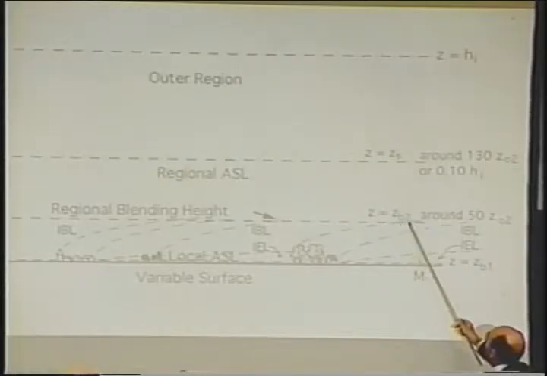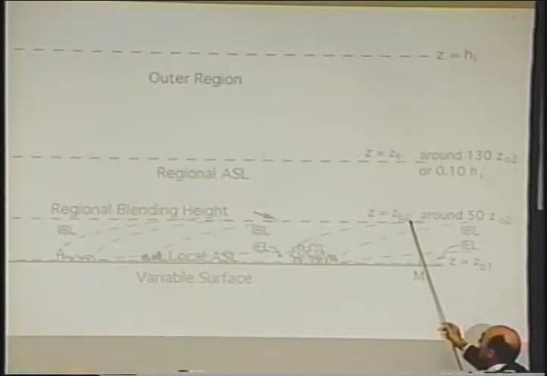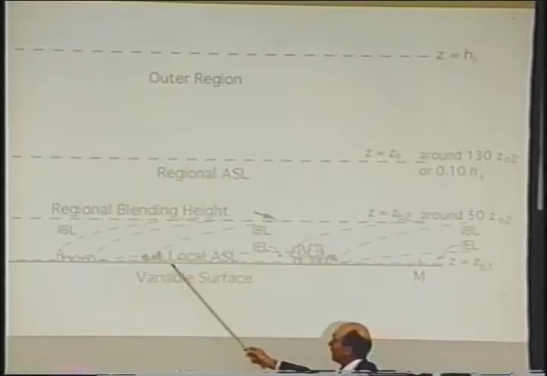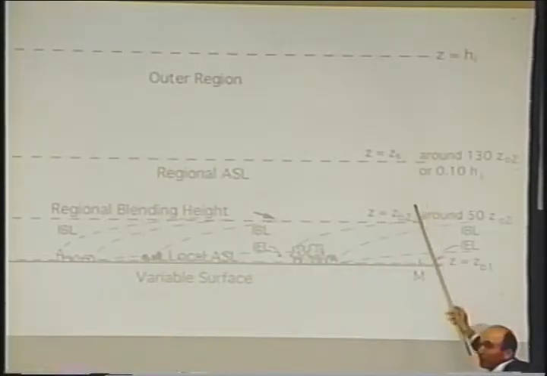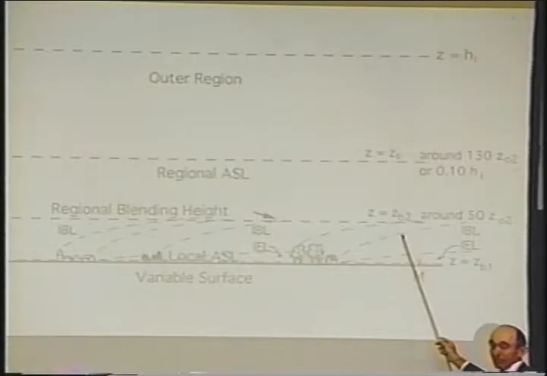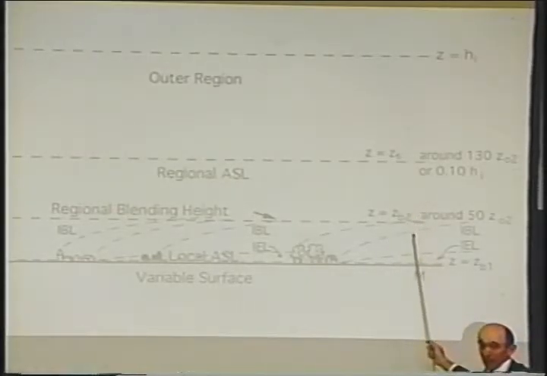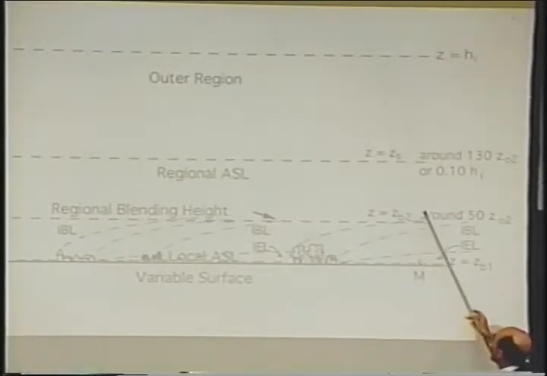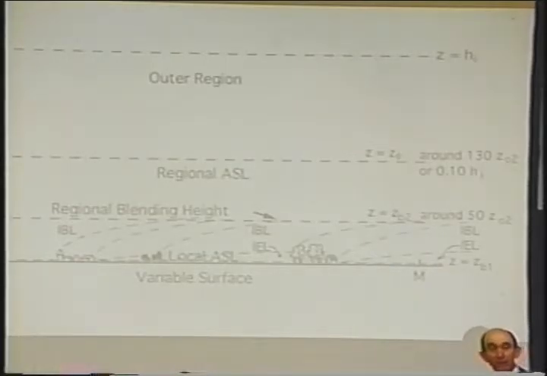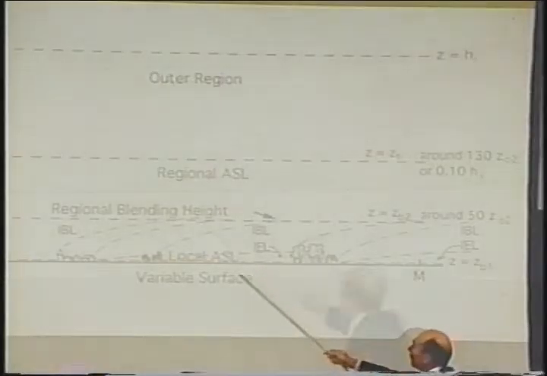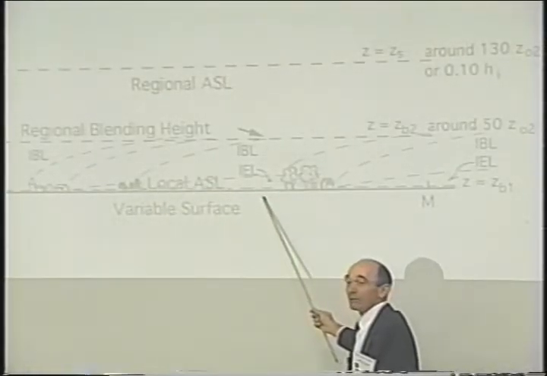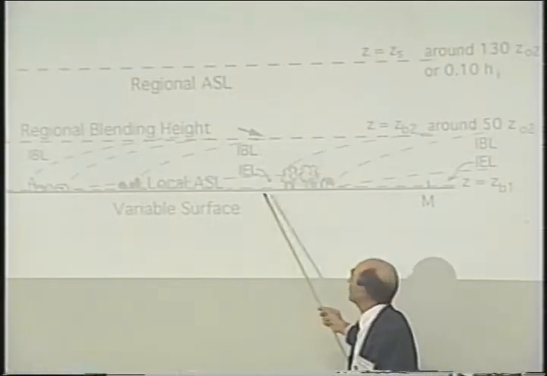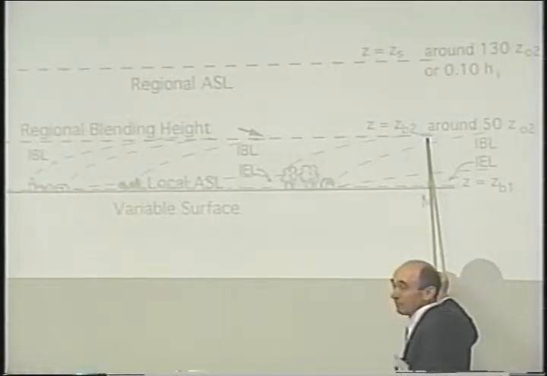And once we pass the blending height for the second level variability, we're again in an equilibrium layer. In this equilibrium layer, however, what we're measuring now is the multiple effect of all these roughnesses, including the effects from the small roughnesses, all blended and mixed together above this blending height.